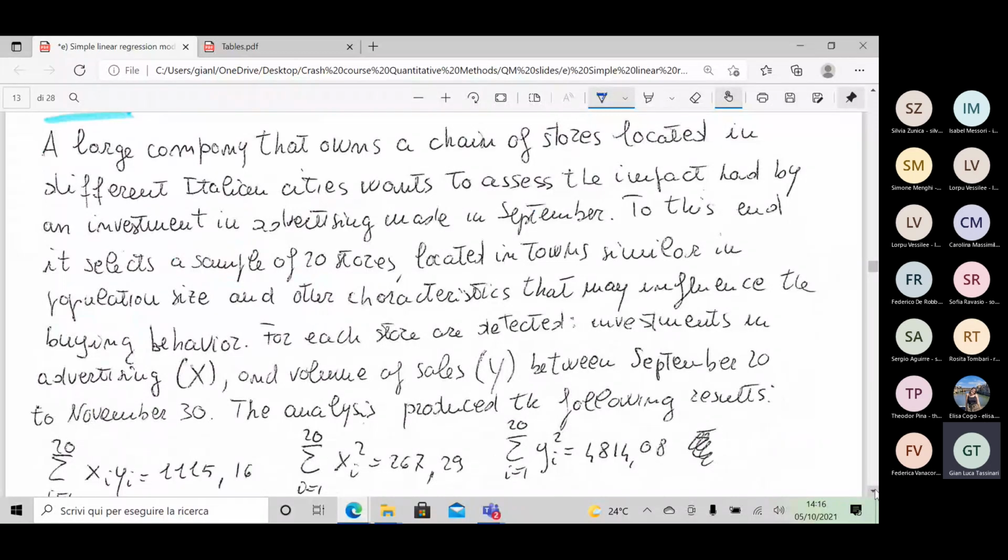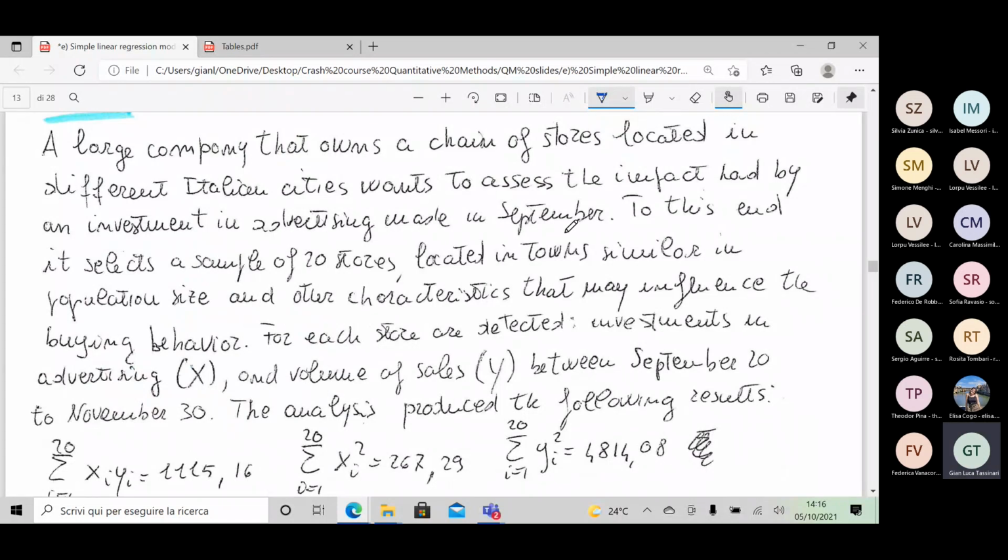So, the exercise. A large company that owns a chain of stores located in different Italian cities wants to assess the impact had by an investment in advertising made in the month of September.